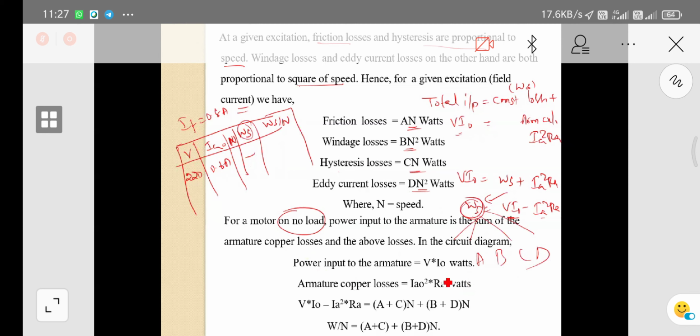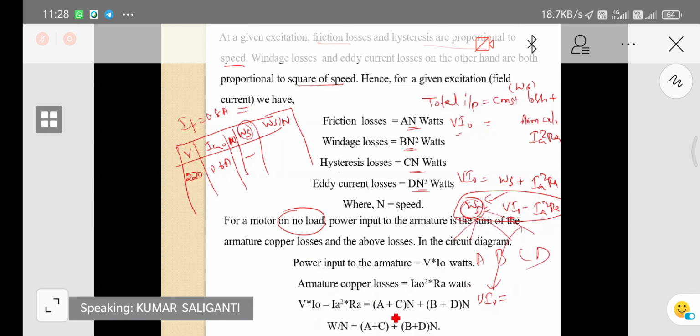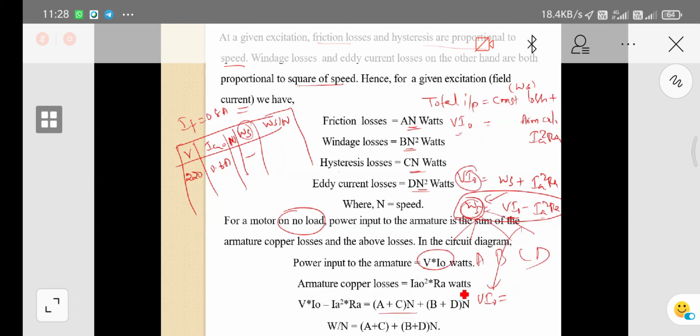The power input to the armature is V into I naught in watts. The armature copper loss is I naught square Ra in watts. So V into I naught minus I naught square Ra equals the stray losses. The power input to the armature is V into I naught, the armature copper losses are I naught square Ra, and the total input equals the total losses.